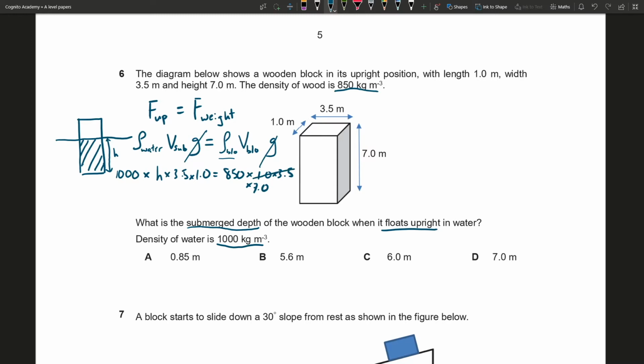And because this is MCQ, let's try to cancel as much as we can. Don't do calculations when we don't need to. That gives us H equals to 850 times 7.0 divided by 1000. And if you put that into your calculator, the answer is about 5.95. So our answer is 6.